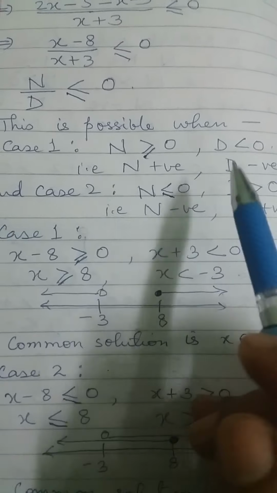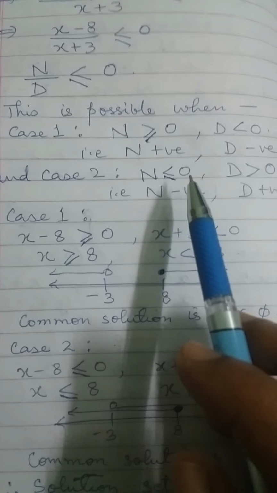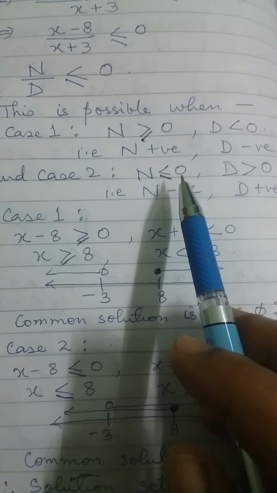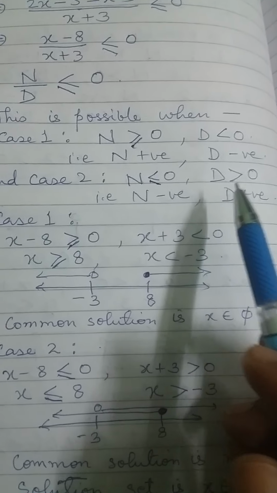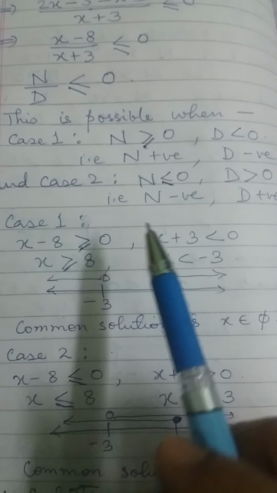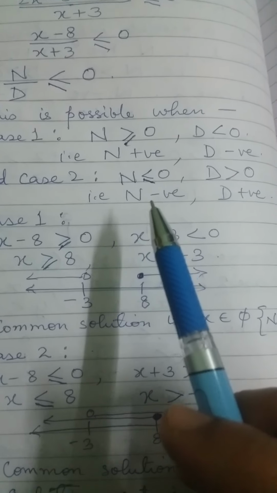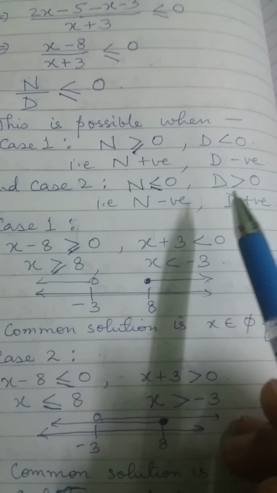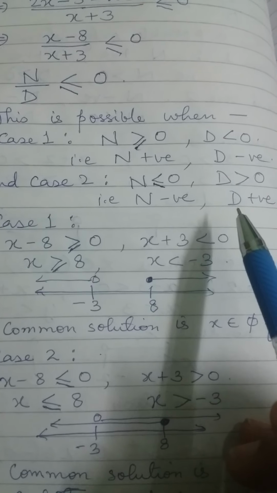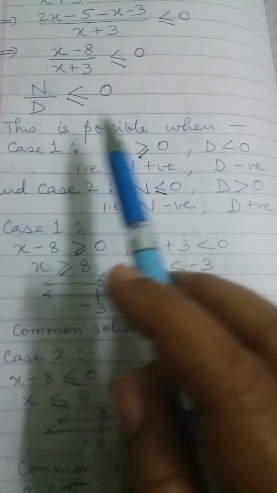So we will obtain the rational function as non-positive. Similarly, case 2, numerator is less than equal to 0. Again see, equality is with 0. Denominator is greater than 0. Now numerator becomes non-positive, denominator is positive. So in this case also we will have this.